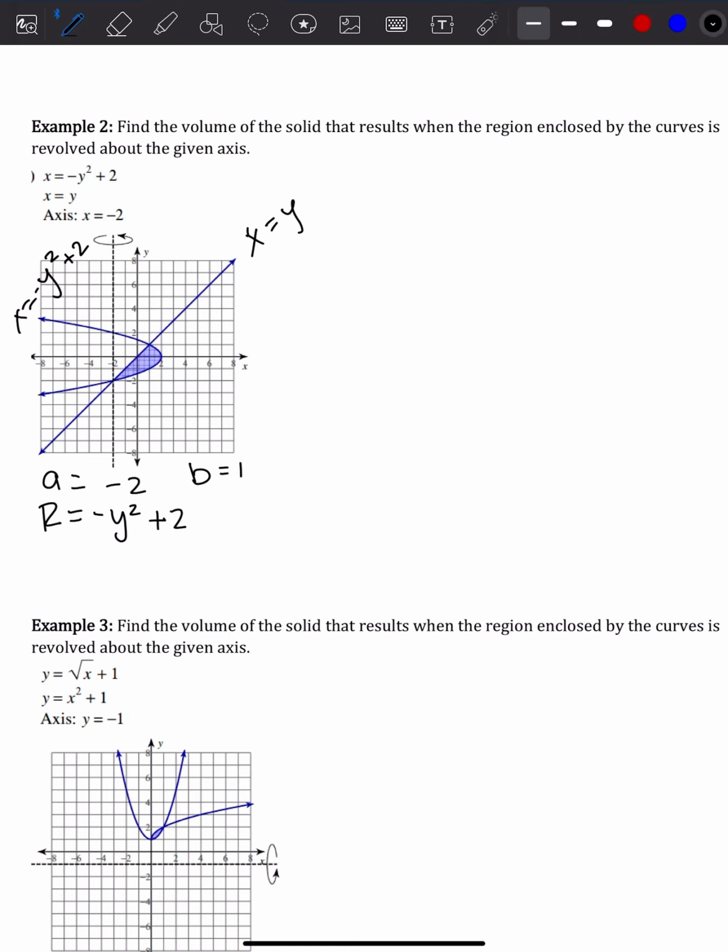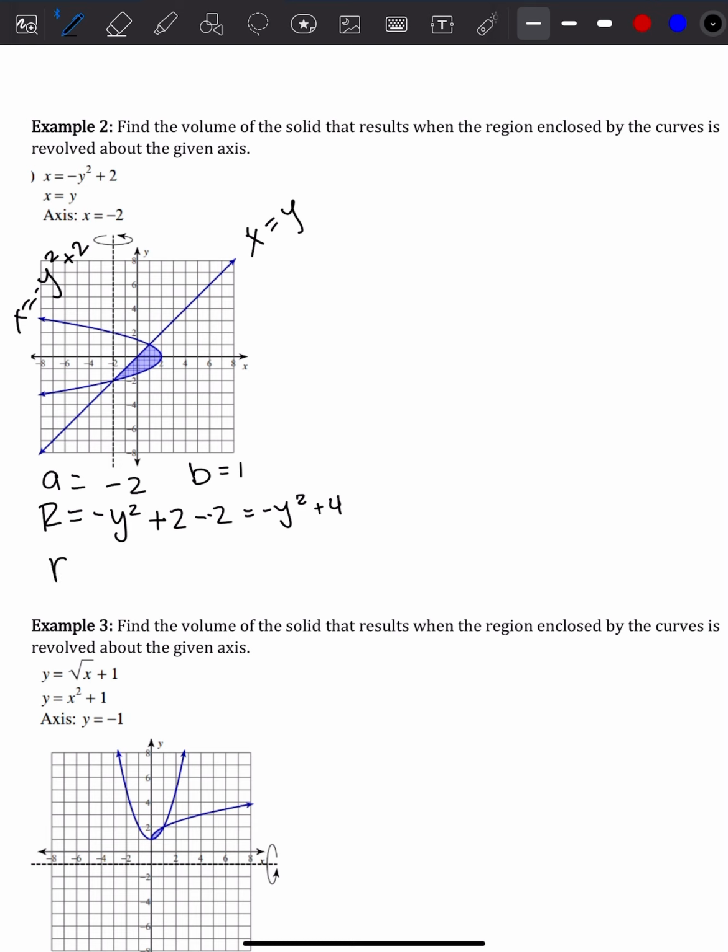So we are going to use that area between two curves to also subtract our axis of revolution. So we have negative y squared plus 2 minus that axis of revolution of negative 2. We did not have to do it the last time because our axis of revolution was 0, so we would have subtracted 0. So I can go ahead and simplify this to be negative y squared plus 4 instead.